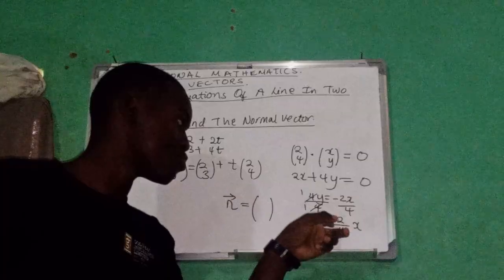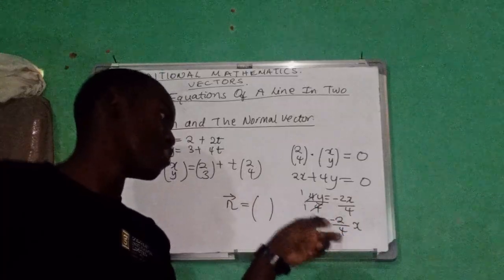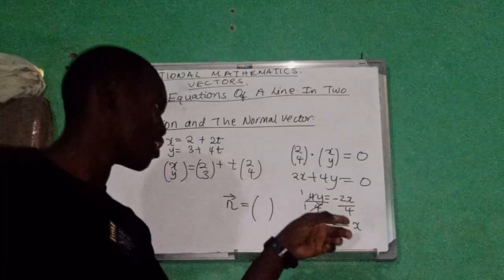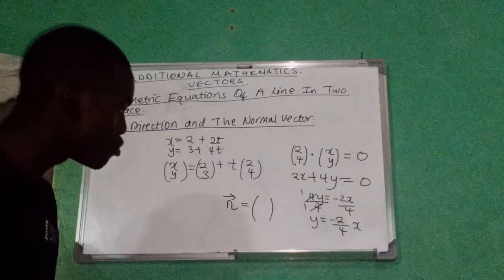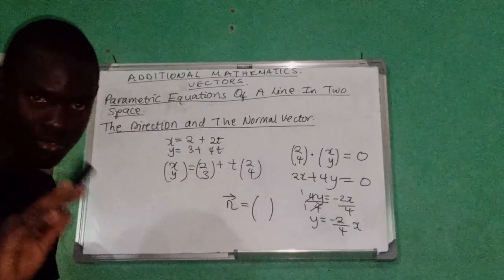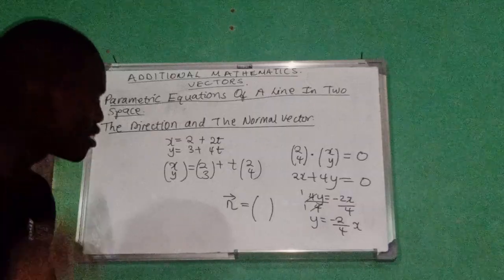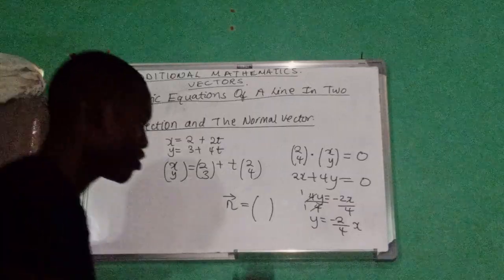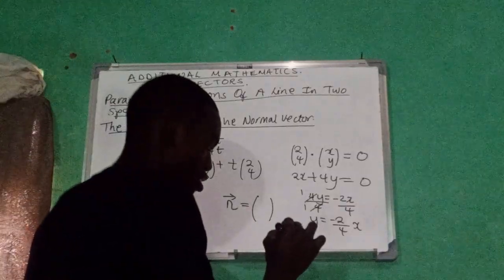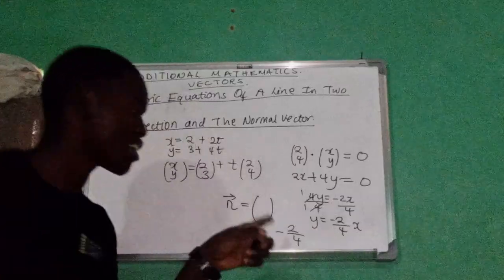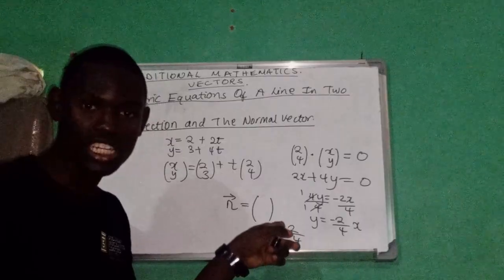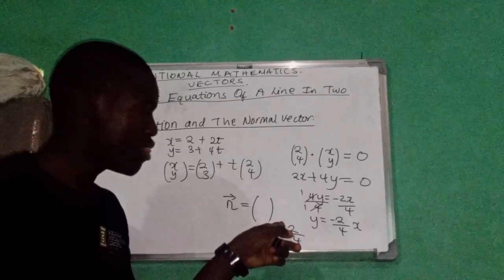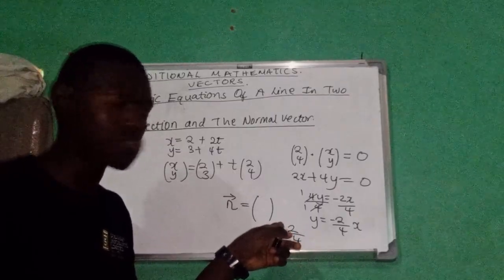It is negative 2 divided by positive 4, of x. Now, I left that negative 2 on top intentionally. This way makes it easier for you not to get confused.